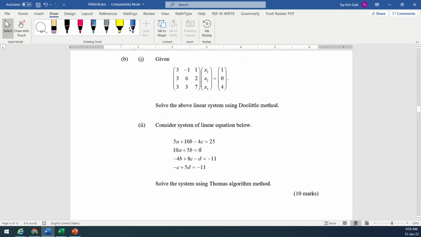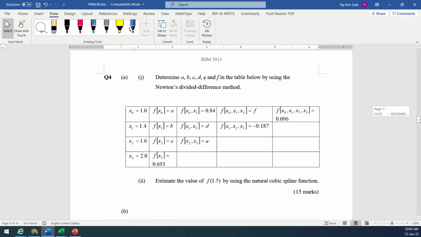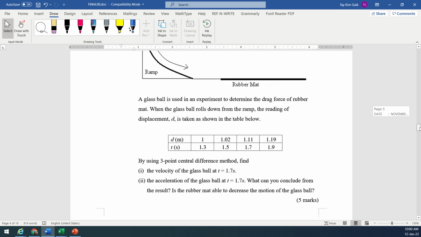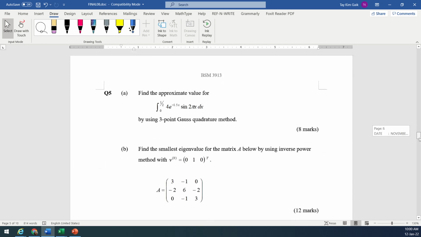Thomas algorithm you didn't learn, so they can change it to Thomas method. Newton divided difference they asked already, Lagrange also asked already, so high possibility maybe a cubic spline. And numerical differentiation and integration haven't been asked in the test yet, so you have to study all the topics.